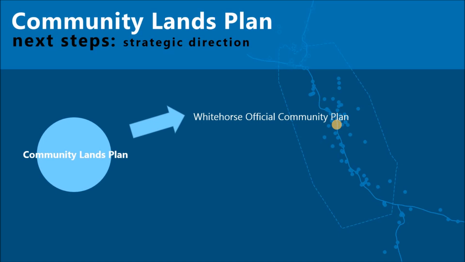It will provide a high-level direction for how Kwalndun's lands are to be used, and it also will suggest ways that Whitehorse could plan and manage its lands that would complement the work that Kwalndun would be doing.